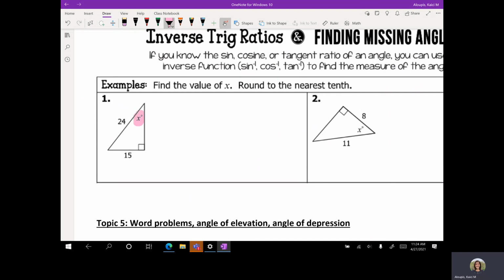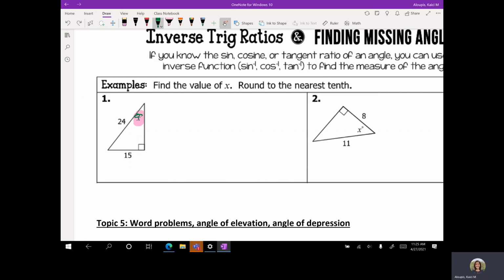We still use the same process of deciding sine, cosine, or tangent ratios, even if we have a missing angle. We still care about what angle we're standing from, and we're at angle x. So we have to decide what these sides are. Are they the adjacent, the hypotenuse, the opposite?